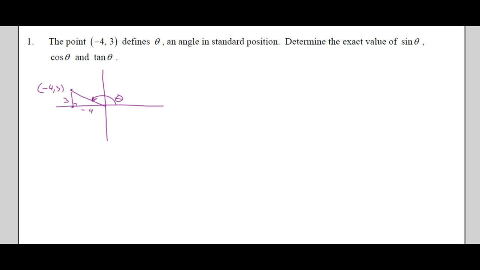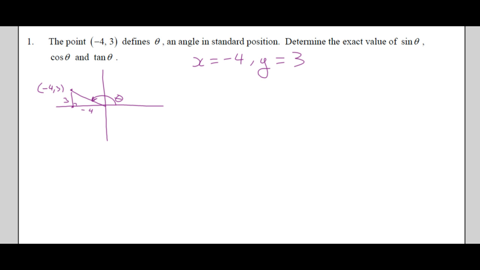So theta is a positive angle whose initial arm is the positive x-axis, rotating counterclockwise. So that's our angle theta. We have x and we have y, that's given to us. So we know that x is equal to -4 and y is equal to 3.